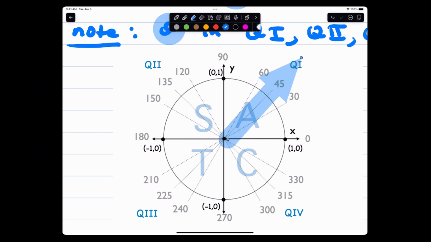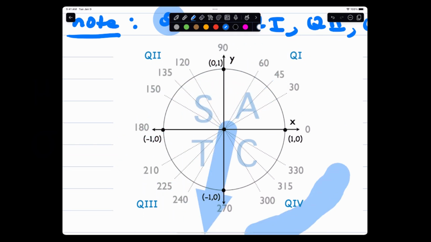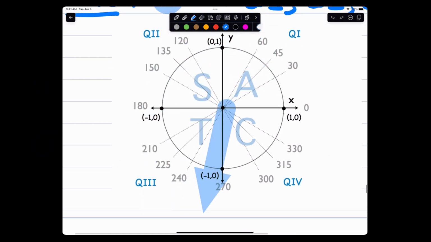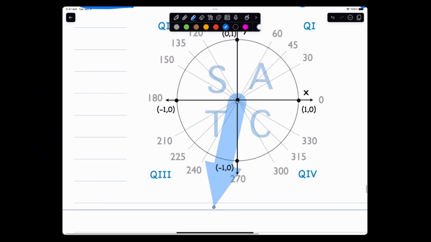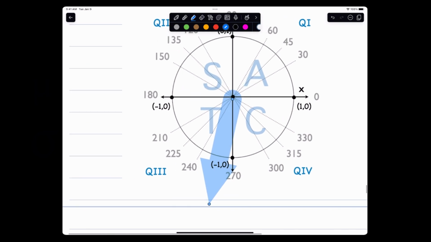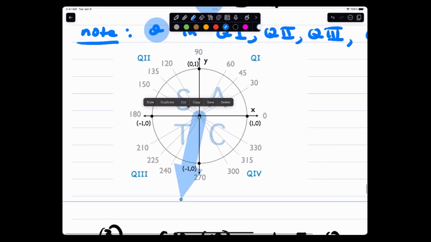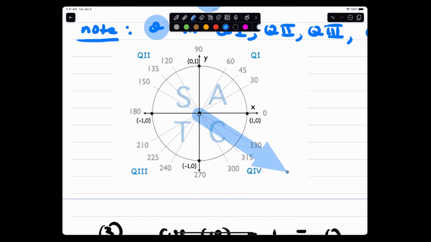So you're going to rotate a positive theta, 0 to 2 pi, okay?